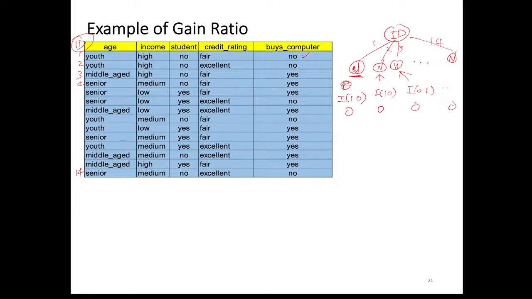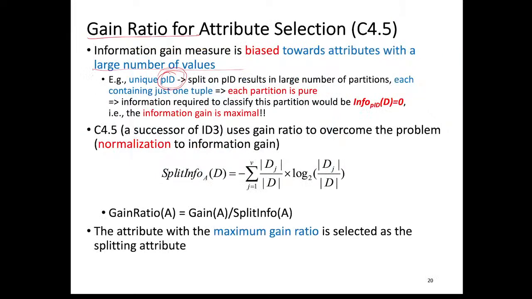So of course, after the split, the result is very pure, and the information gain is simply the chaosness before the split, subtract 0. That's why I say that the information gain tends to bias toward the features with a large number of values.